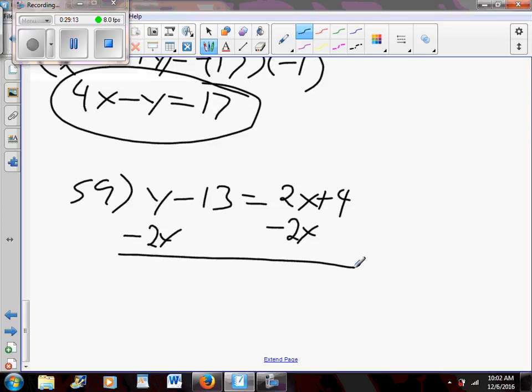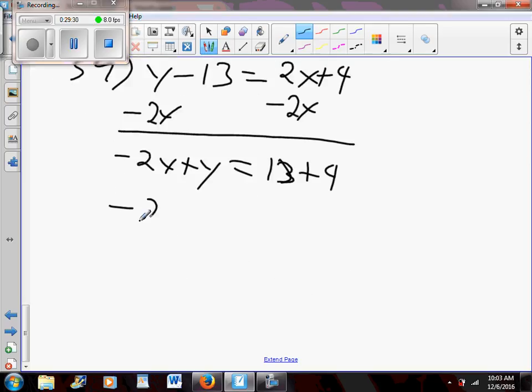Okay, so once we subtract 2x, we've got a negative 2x plus y, add 13 to both sides. Make sure that you keep up with what becomes negative, what becomes positive. Don't put some negative signs on terms that don't need it. And so we end up with a negative 2x plus y is equal to 17.